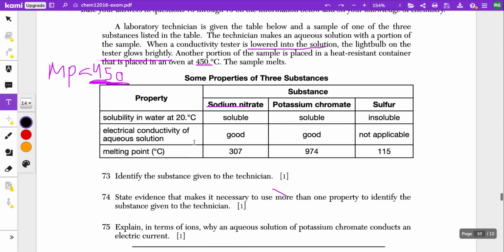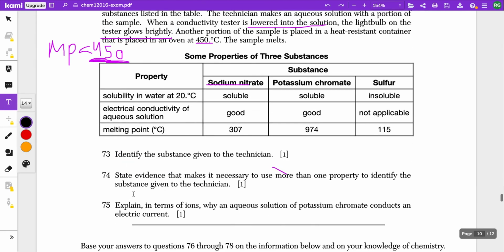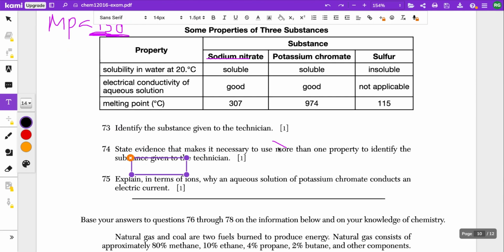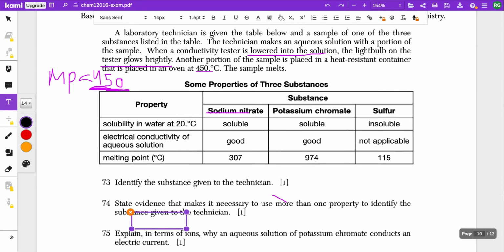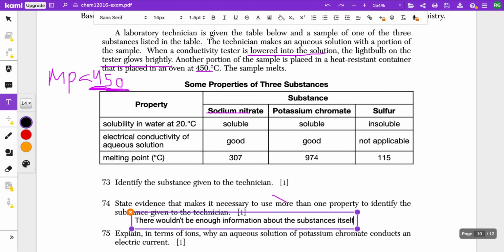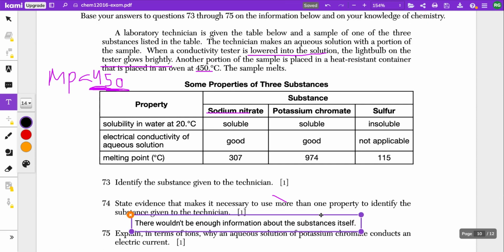So you just say that there wouldn't be enough information about the substance itself. That's why you need more than one property.